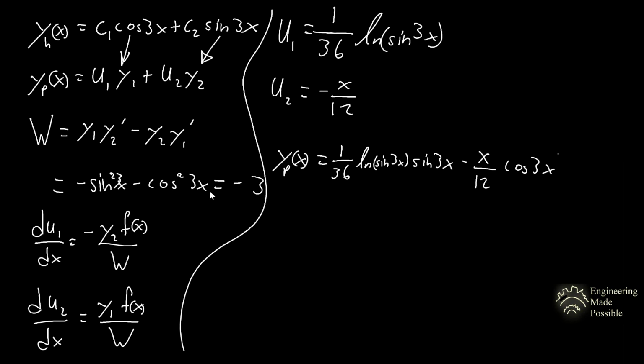And of course, we all know that your general solution to a differential equation is your homogeneous solution plus the particular solution. And so this is the variation of parameters method used to solve differential equations.